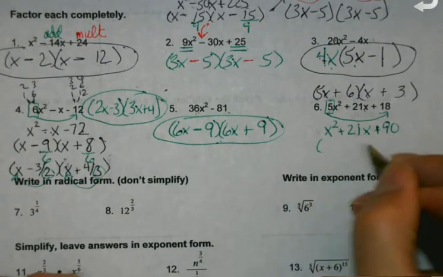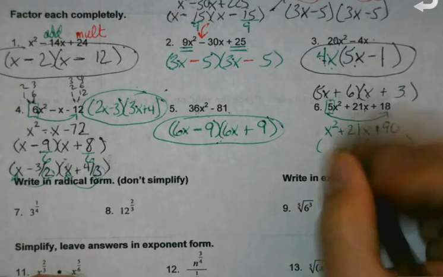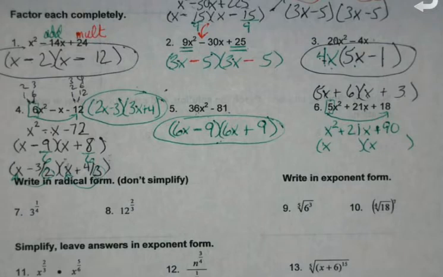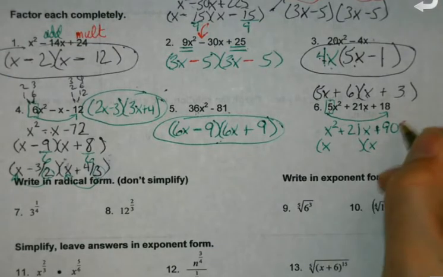Because here, if we went back to slide and divide, 90. And then 9. No. What else do we have besides 10 and 9? 10 and 9.